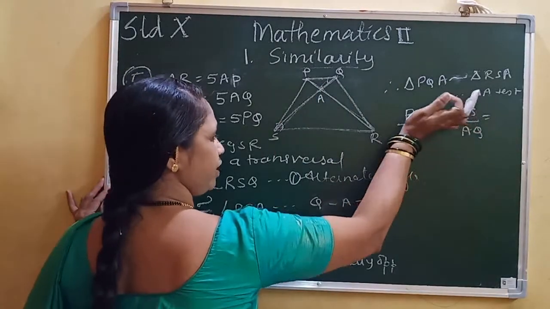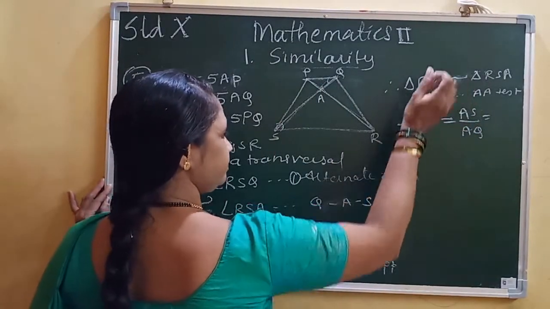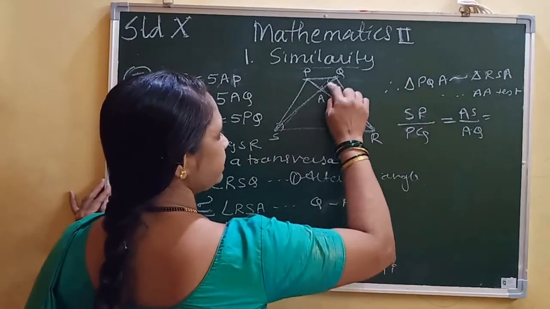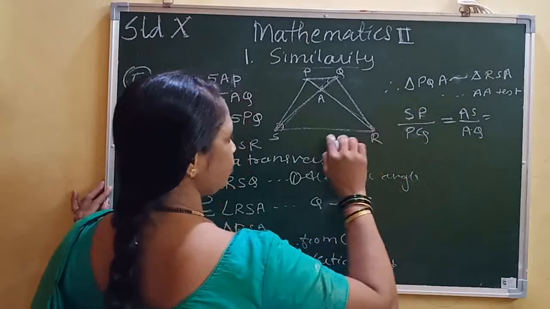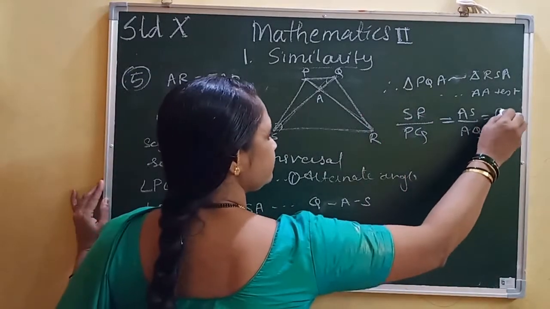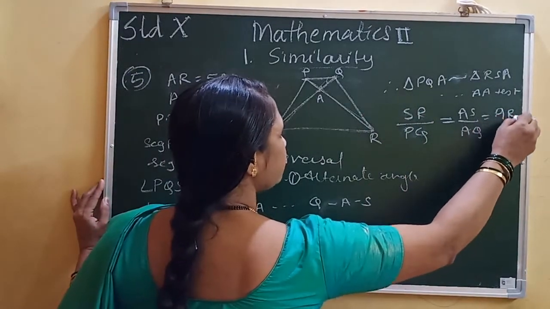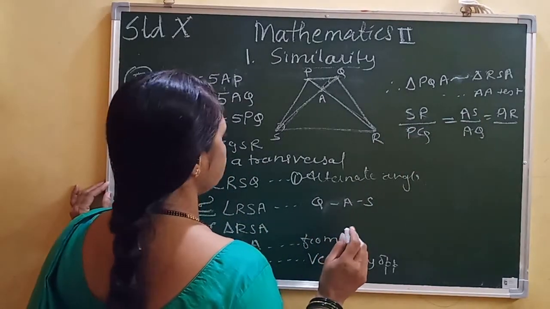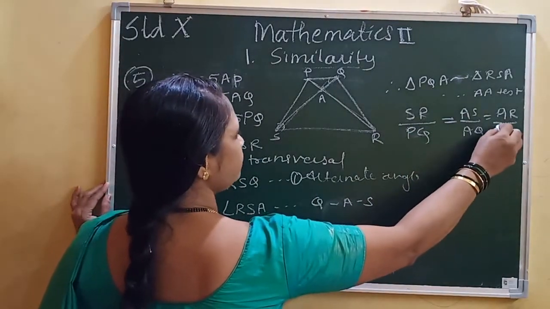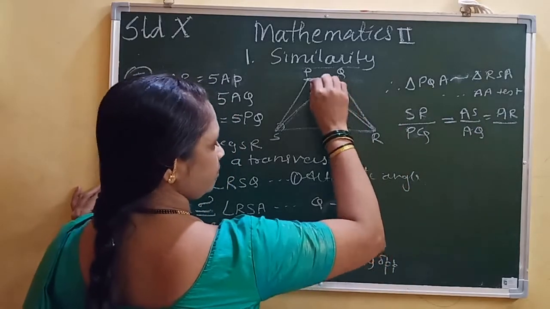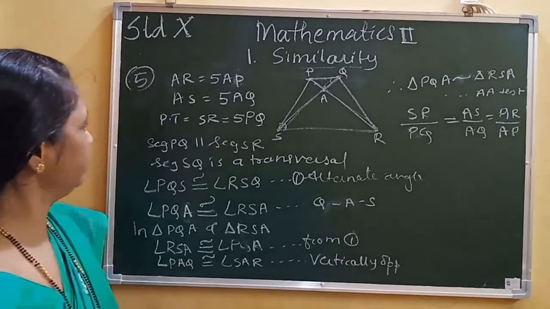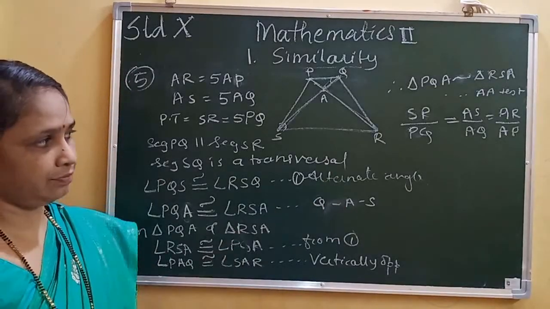So here we have to write SR upon PQ, AS upon AQ. So AR upon AP. Okay, so like this we can write.